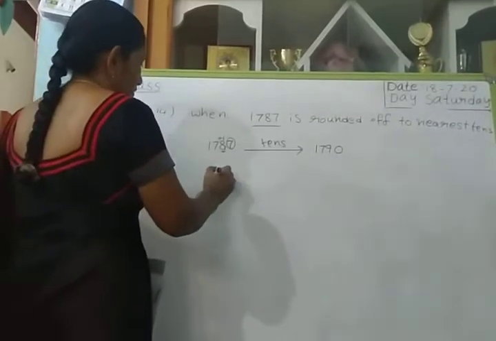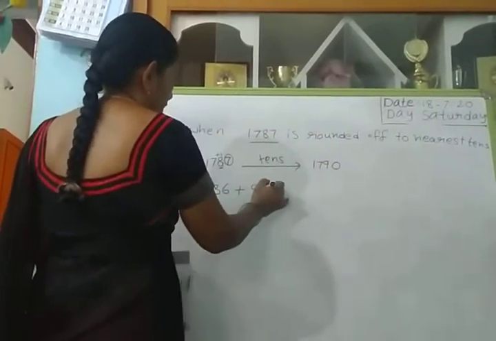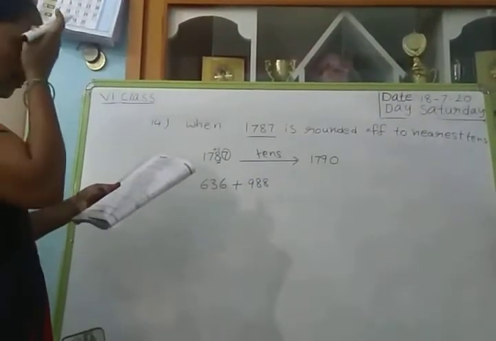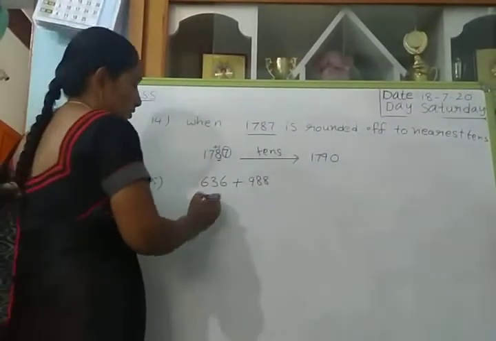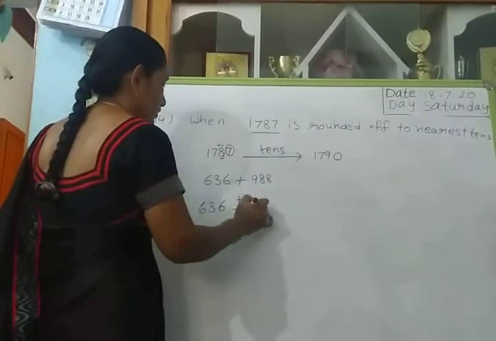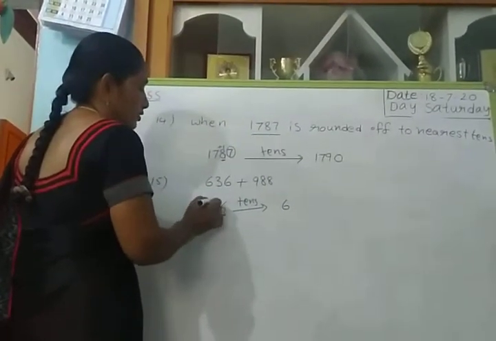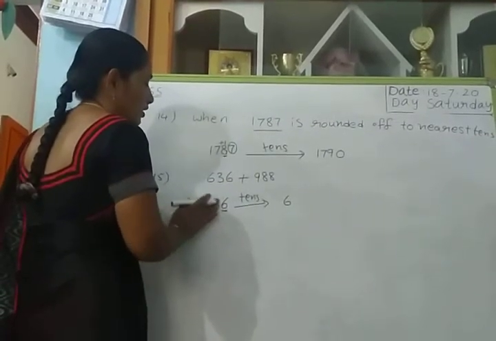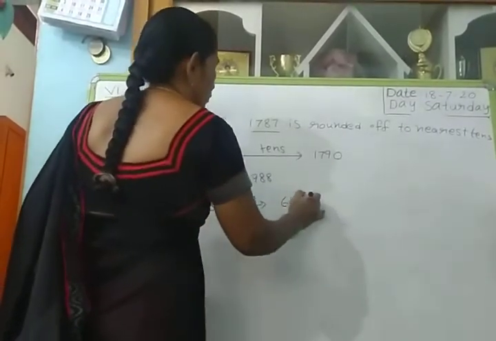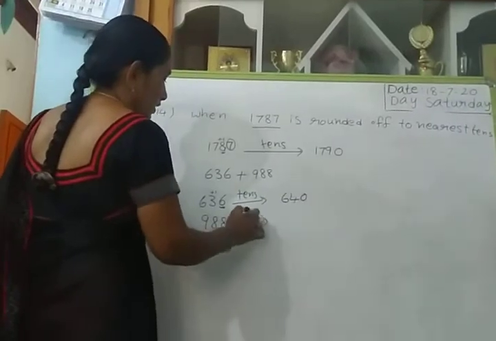Estimate 636 plus 988 by rounding off to the nearest tens. 636, if you round off to the nearest tens, what will you get? Which digit do you have to see? The ones place has 6. So we have to add 1. 640. Next, 988. What will you get?